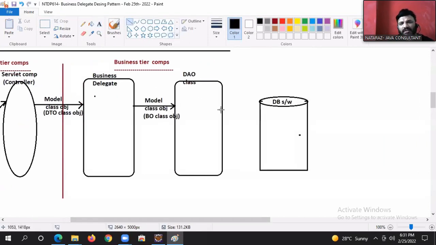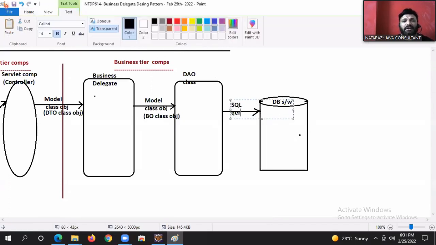Here is my database software. Tell me, how does DAO send data to the database software?